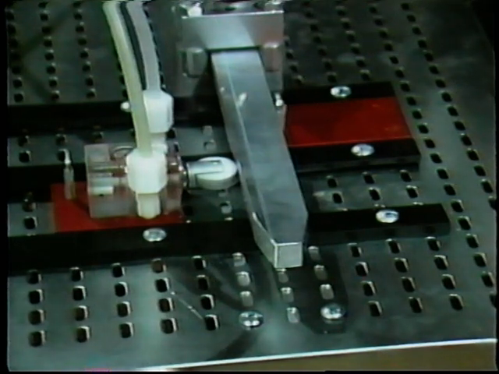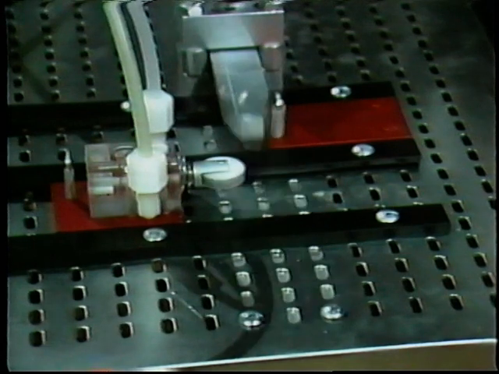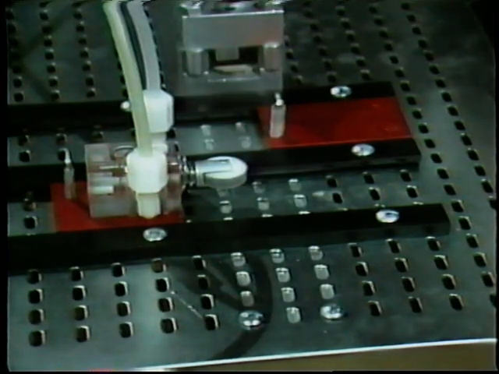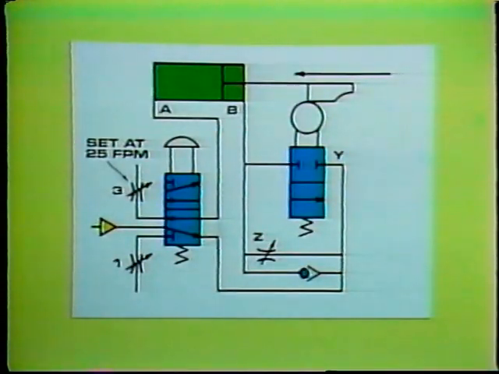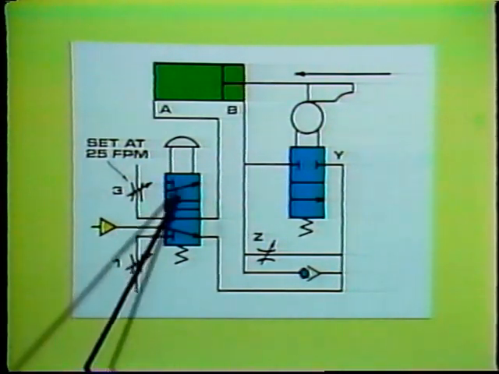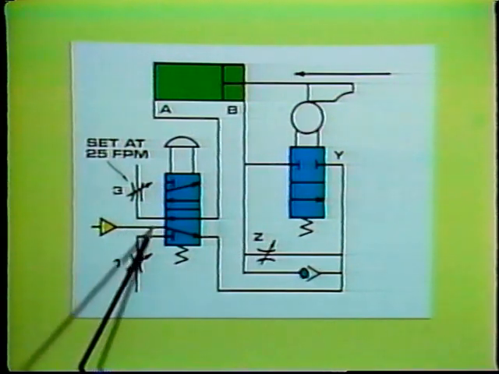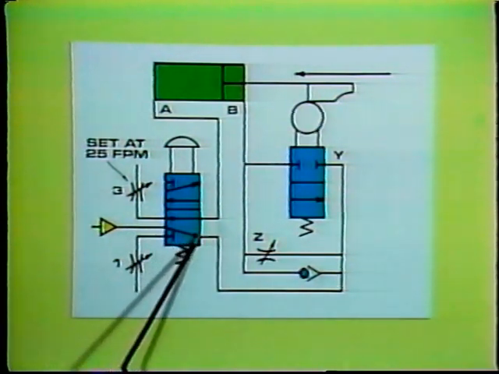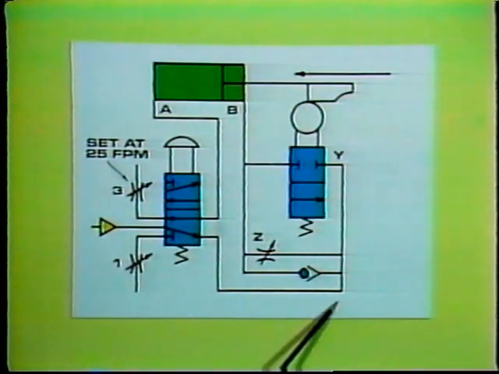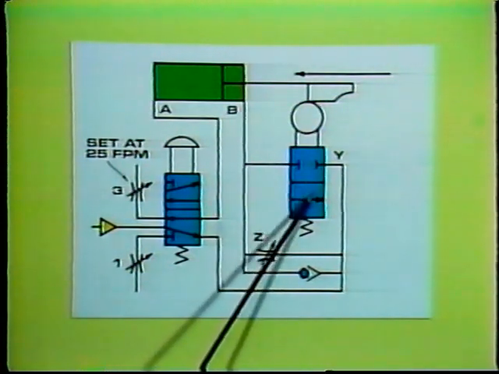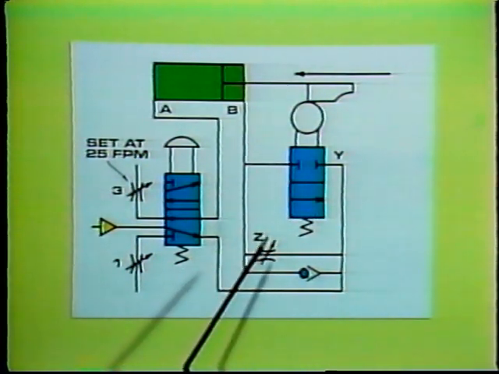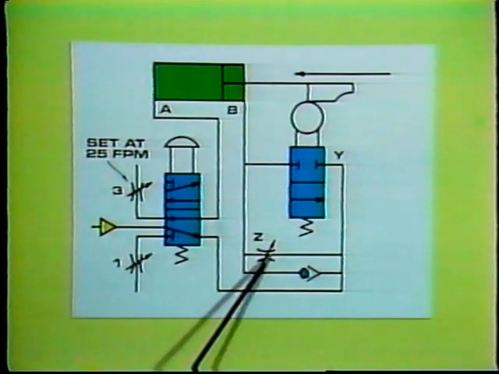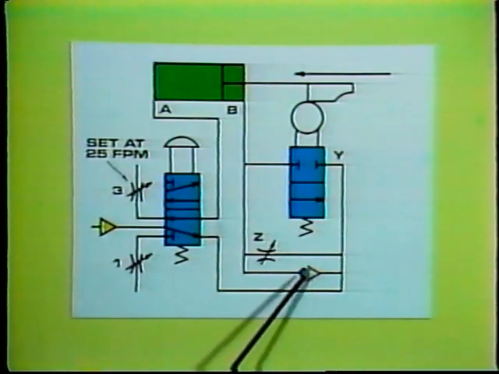At the end of the stroke, the directional control valve is released and the actuator retracts. We can see what happens then using the circuit diagram. You can see that the directional control valve has now shifted and is positioned so that air from the supply is directed to cam valve Y here, which is now closed, needle valve Z here, and the bypass check valve here.